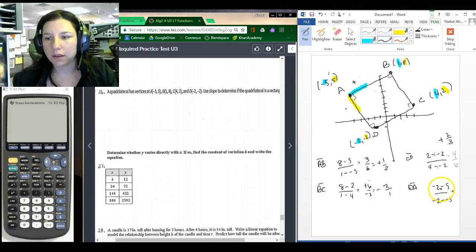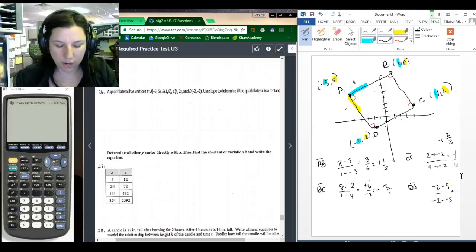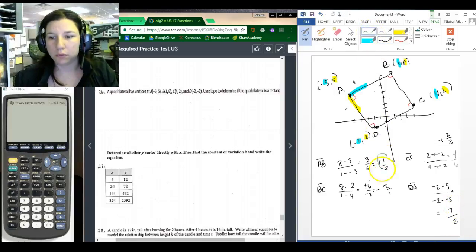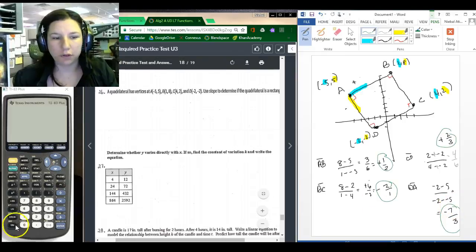And this one's going to be -2 minus 5, which should give us -7 over -2 plus 5, which is 3, so we get -7/3. Right, so we've got our slopes: 1/2, -2/1, 2/3, and -7/3.